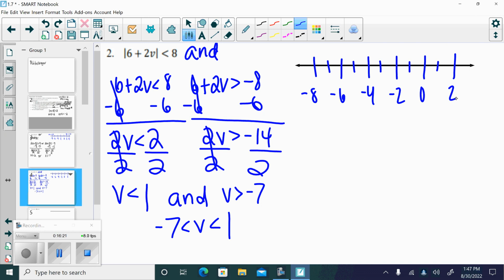So b is less than 1. Is that open or closed? Open. So at 1. And then b is greater than negative 7. Open or closed? Open. They're both open. And then since I want greater than negative 7, that's to the right. Less than 1, that's to the left. So you want everything in between because this is an AND inequality. Okay? All good so far.